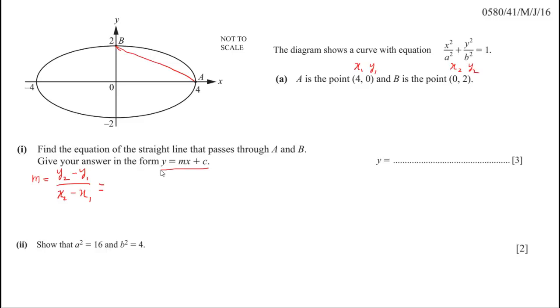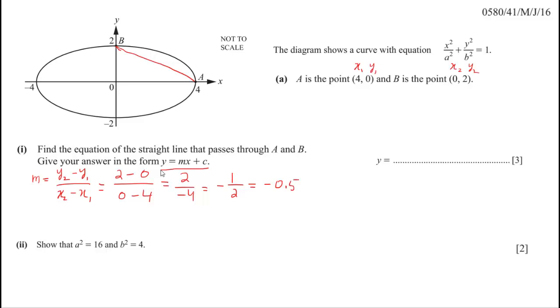Okay. So plug in the values. 2 minus 0 over 0 minus 4. It is 2 over minus 4, which is minus 1 over 2 or minus 0.5.